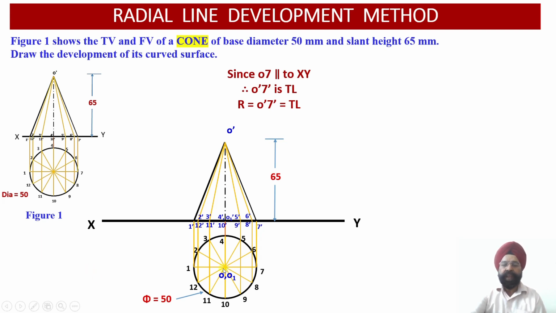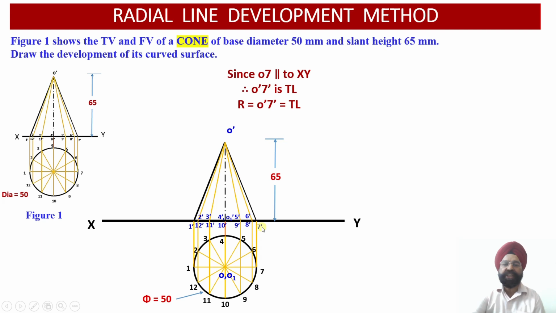So please check the top view of the projector O1 and similarly the top view of the projector O7. Both of them happen to be parallel to the XY reference line, and since the apparent length of the top view of the projector O1 and O7 are parallel to XY, therefore the front view of the projections of the slant generator O-1 and O-7, both of them, will be true lengths over there.